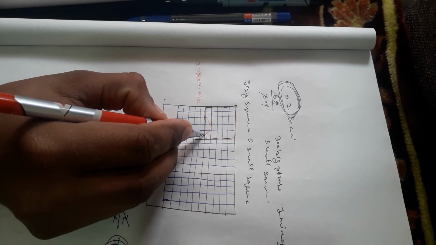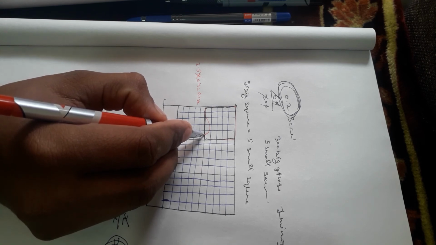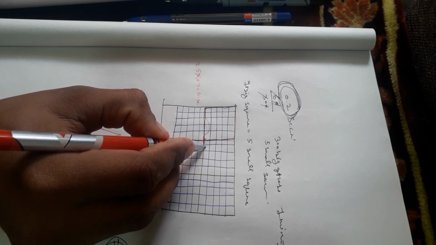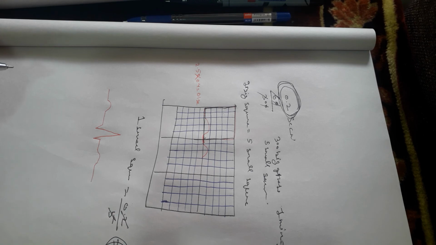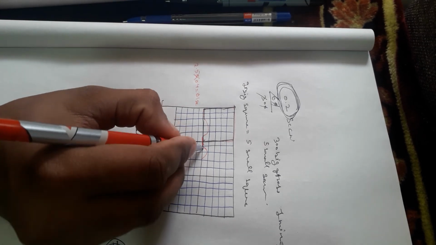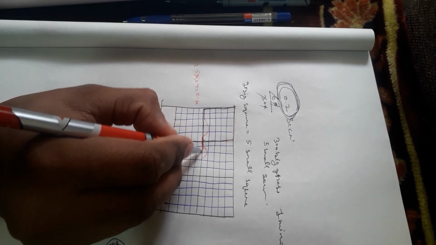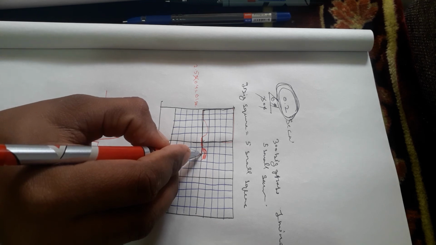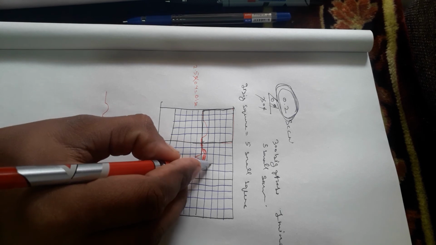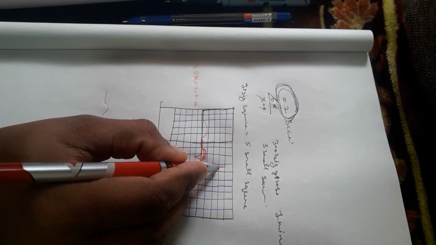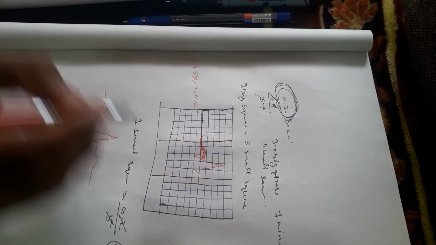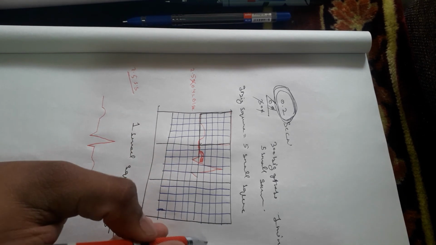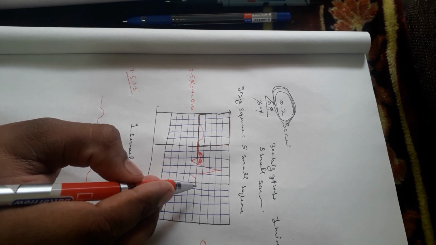And the QRS complex also takes 2.5 small squares, so it also shows 0.1 seconds. And after that the QT interval takes some time.